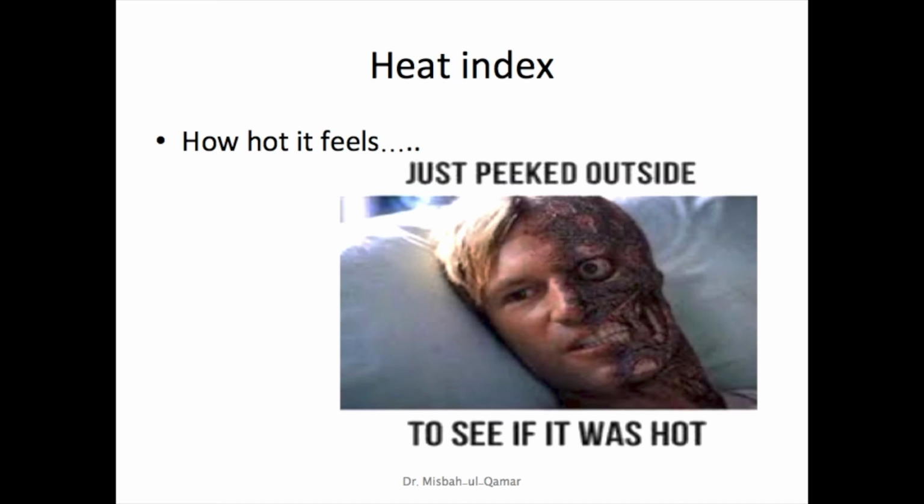For example, if air temperature is 82 degrees Fahrenheit and humidity is 80%, then the heat index will be around 89 degrees Fahrenheit. It means that high humidity increases an individual's perception of how hot the environment feels.